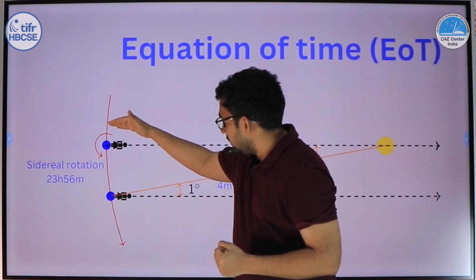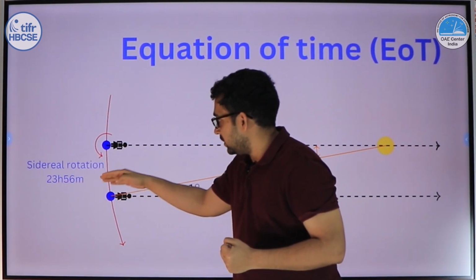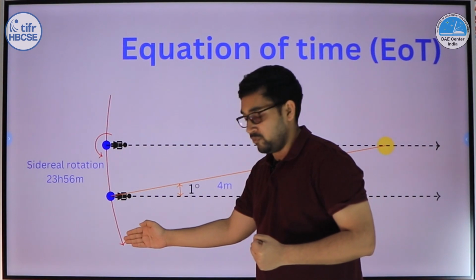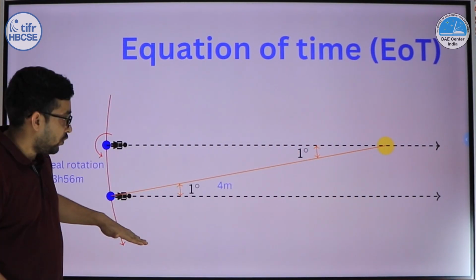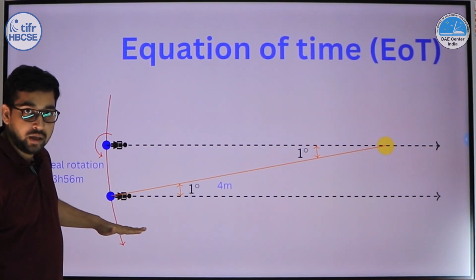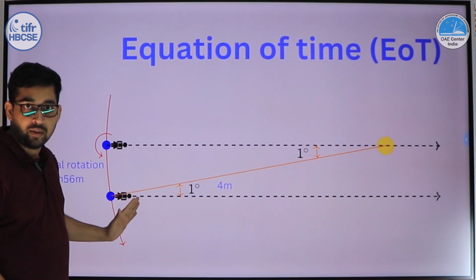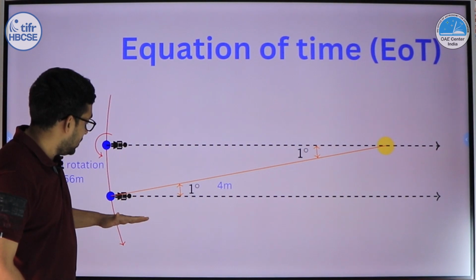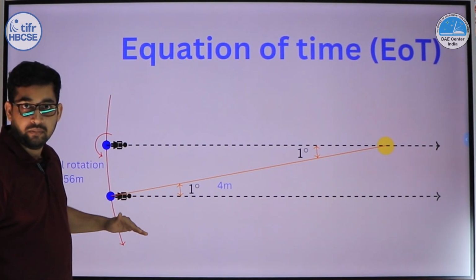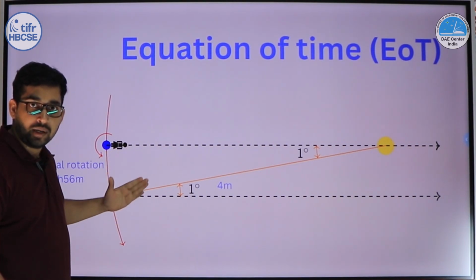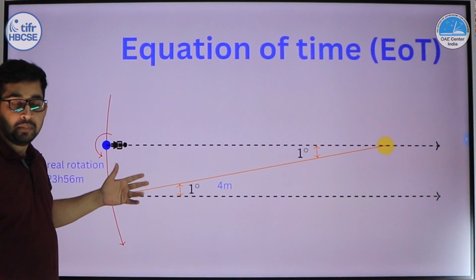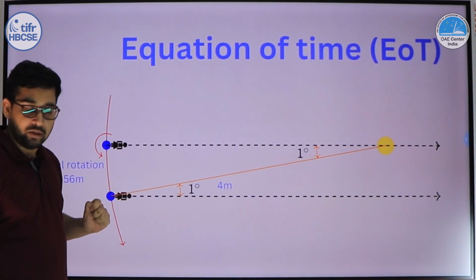In the same 23 hours 56 minutes, it will move along the orbit a larger distance, let's say somewhere over here, and now for it to point towards the sun again from culmination to culmination, it has to rotate somewhat extra. So at exactly 24 hours, the sun will slightly be behind because it has to rotate for some more time to be at culmination again, and that extra time comes from our equation of time calculation.